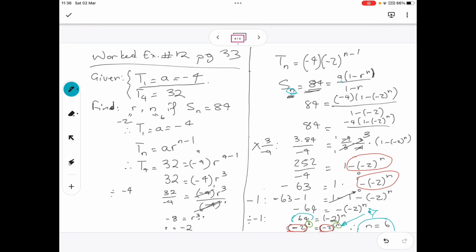We got negative 2 to the power 6 because in the step just before, we have a number that is 64, right? But what number can we multiply by itself so many times that we get 64?